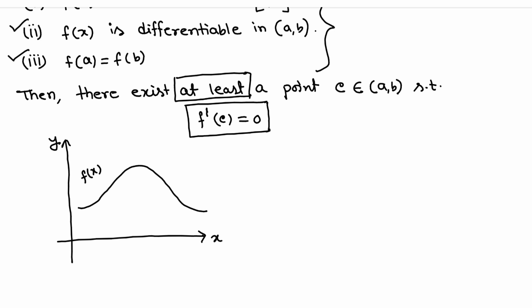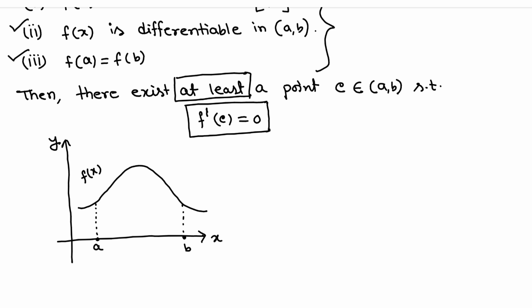I can draw the curve without lifting the pen, so that means f of x is continuous, and there is no sharp corner in this curve, that means f of x is differentiable. That means the first two conditions are satisfied. Let's say this point is A, and this point is B.